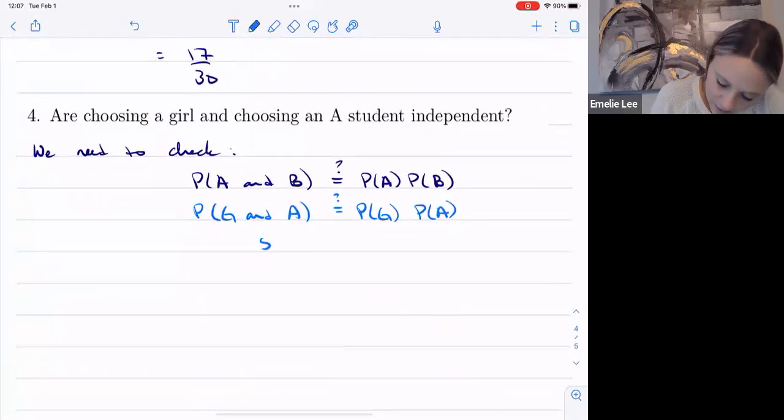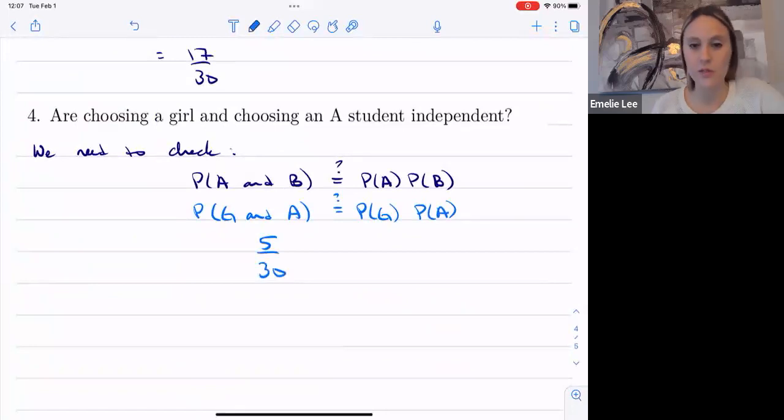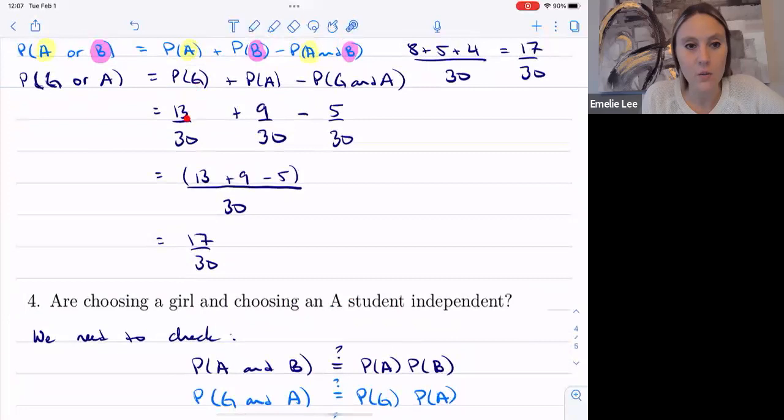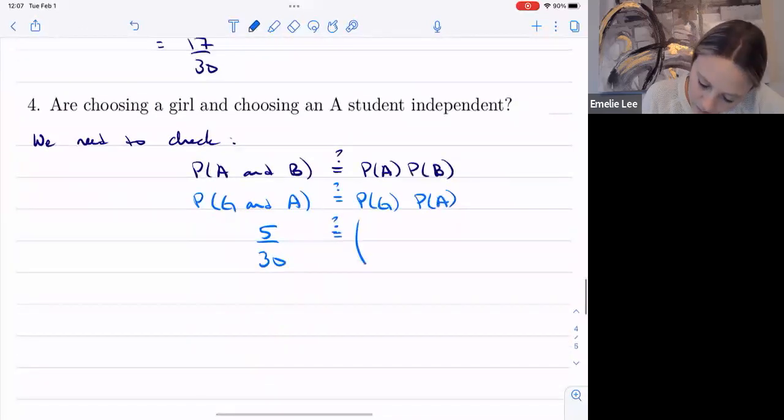So I'm going to keep using the proper fractions. Is 5 over 30 equal to the probability of G, which was 13 over 30, times the probability of A, which is 9 over 30?